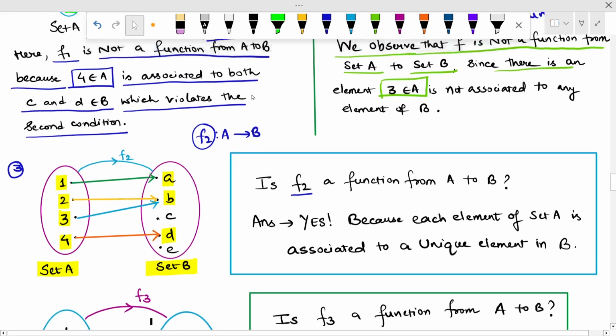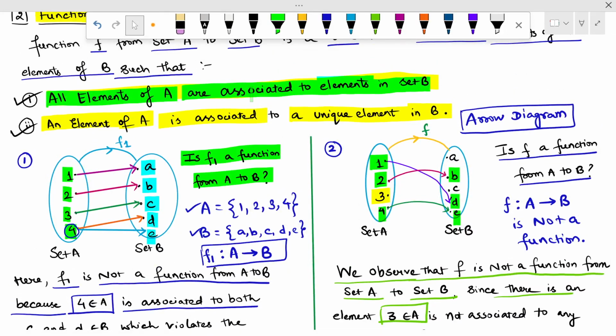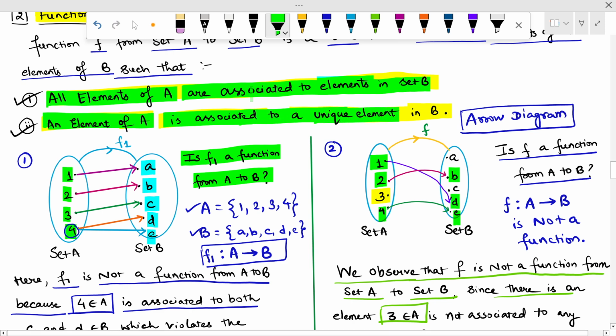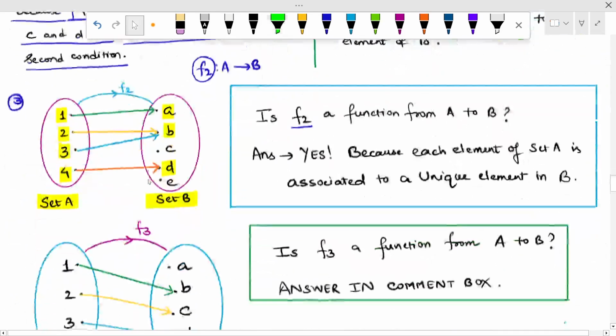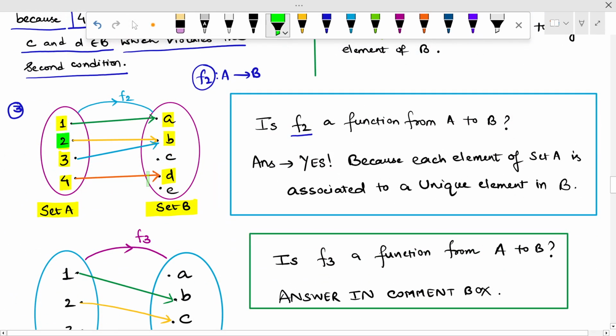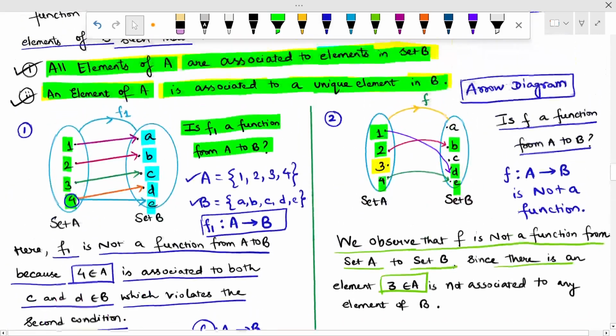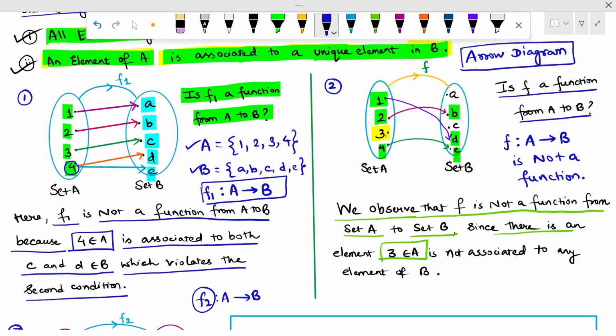See the second condition over here. The second condition was that an element of A is associated to a unique element in B. See, 2 and 3 have the same image here, b. This can happen in the case of a function. But if you had this case, any element from set A cannot have two images.